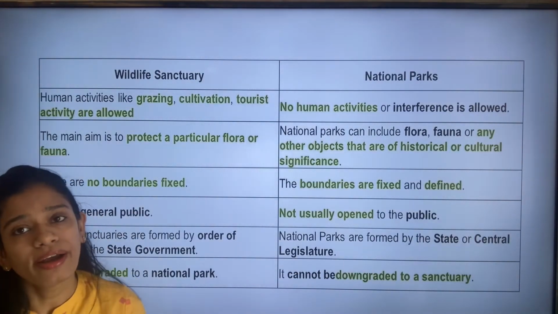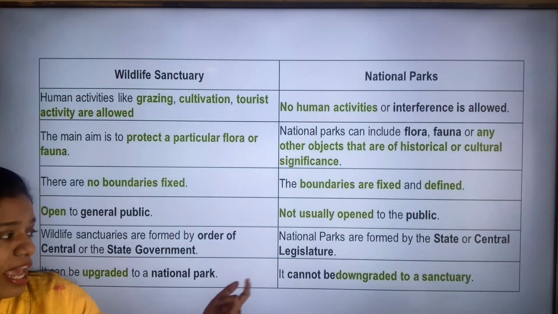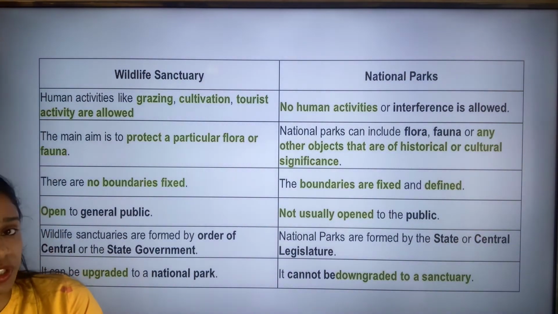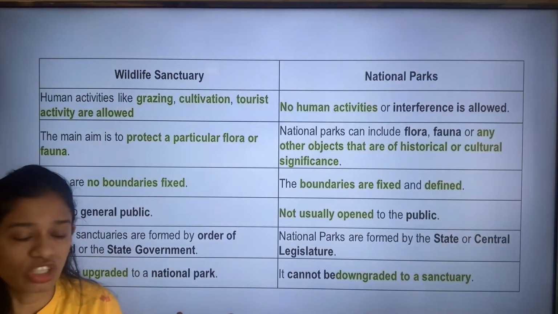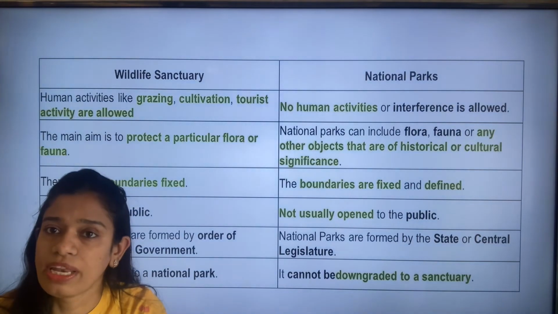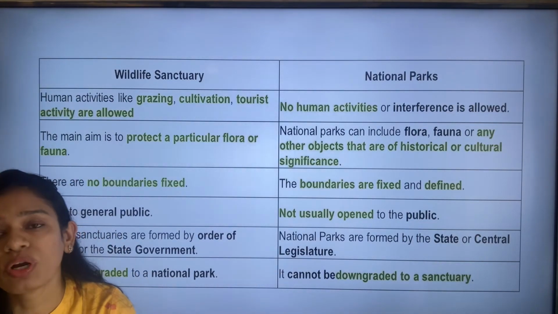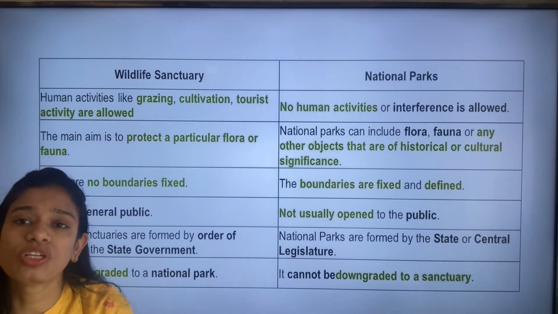So both are under legal protection, and a sanctuary can be upgraded to a national park, but a national park cannot be downgraded to a wildlife sanctuary, because a national park is of utmost importance in a particular region or country.